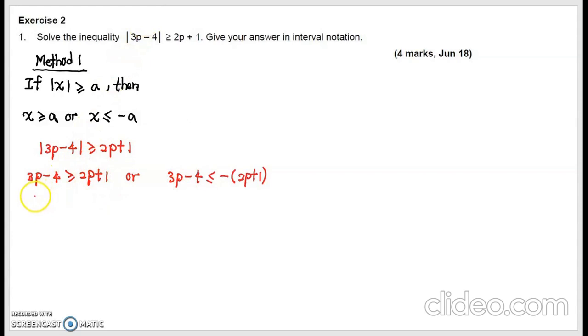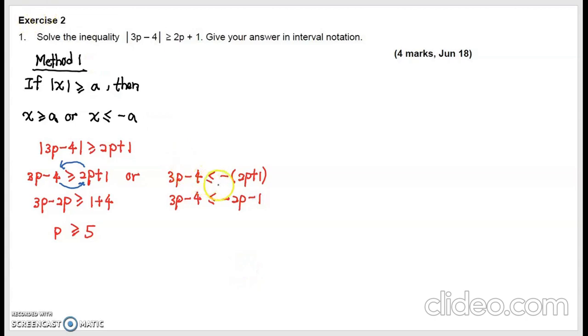So we can just solve it by moving the p. Next step, it will be 3p minus 2p is greater or equals to 1 plus 4. I move positive 2p to the left hand side to become negative 2p, negative 4 to the right hand side. So p is greater or equals to 5. From here, 3p minus 4 less than or equals to negative 2p minus 1.